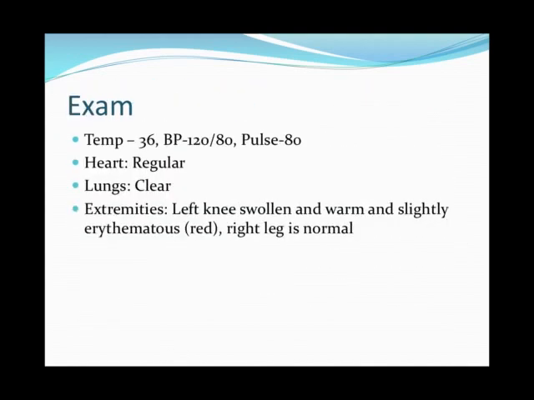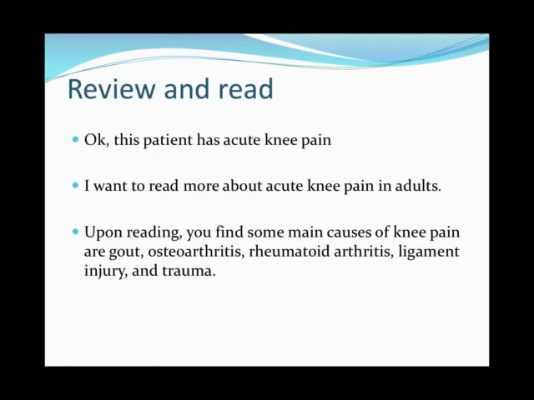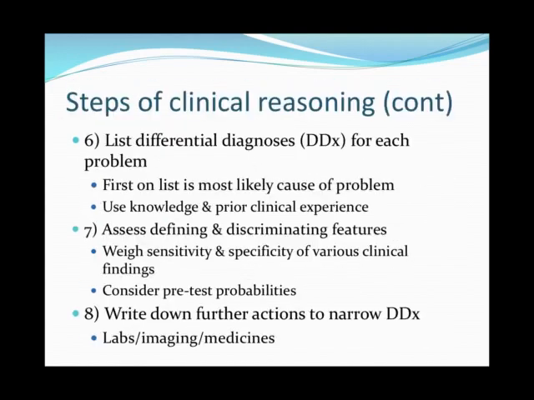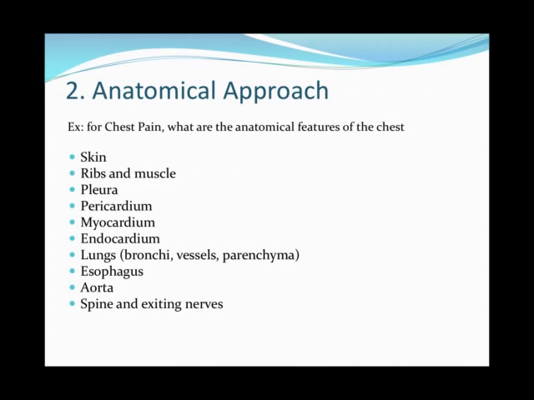So even on this first patient with the knee pain, if we were going to do it with the anatomical approach, what are the different anatomical features in the knee? We have bones. What bones could be causing knee pain? Okay, is there a fracture? Is there arthritis? What about ligaments? Okay, if there's a ligament tear or a ligament strain. What about meniscus?